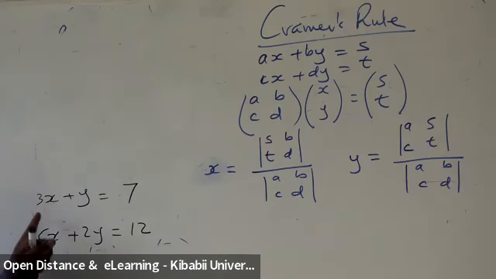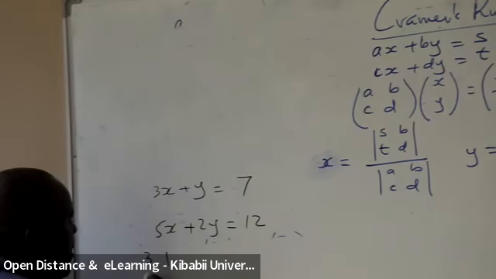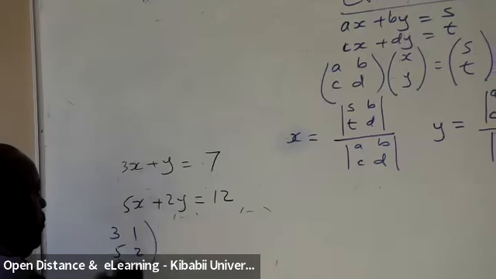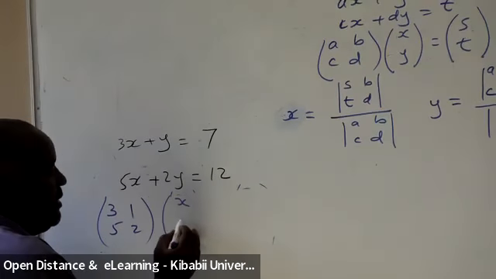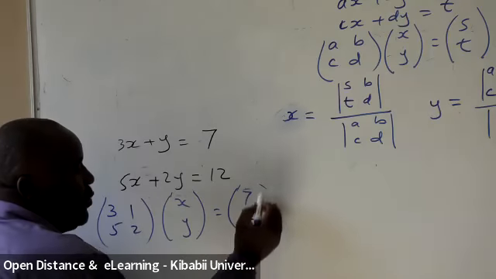From this example, 3x plus y is equal to 7, 5x plus 2y is equal to 12. We generated the matrix equation as 3, 1, 5, 2 times x, y equals 7, 12.